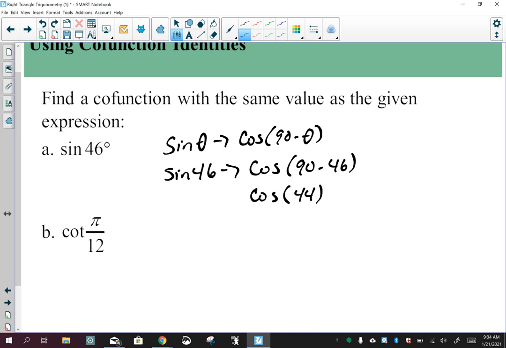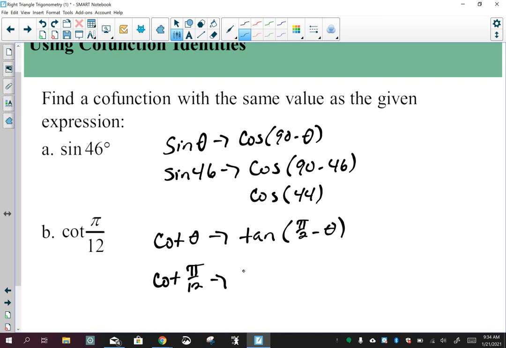For cotangent, cotangent of theta is the same thing as tangent of pi over 2 minus theta. So cotangent of pi over 12 is going to be tangent of pi over 2 minus pi over 12.